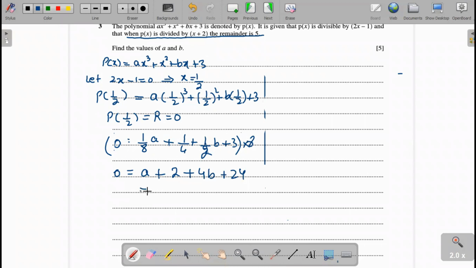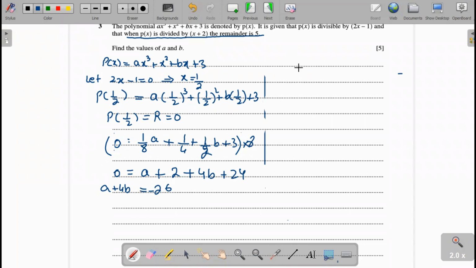Now here a plus 4b will be equal to minus 26. To shift this value from the right to the left side, we get a plus 4b equal to minus 26.